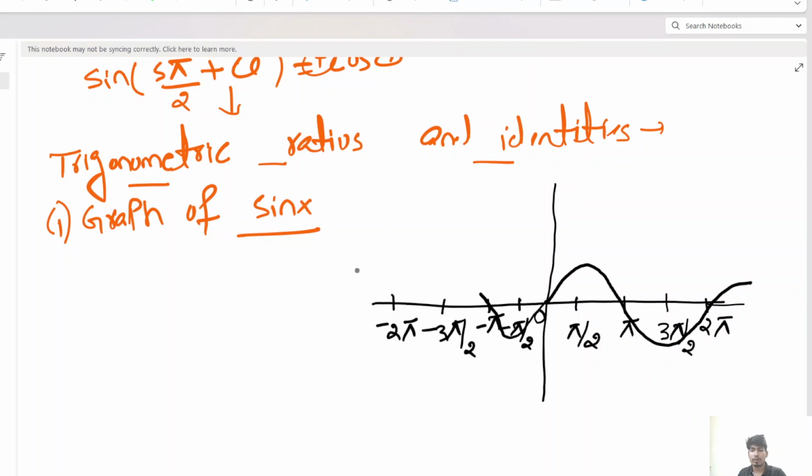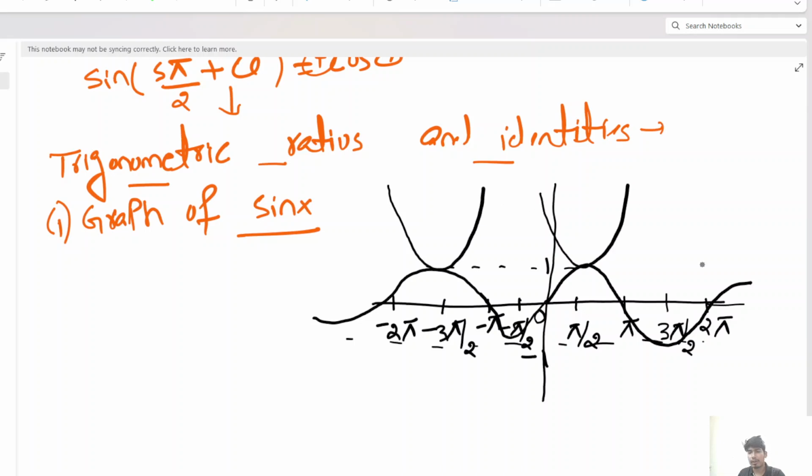So this smoothly goes to this one. This value is 1 and this value is minus 1. Then the graph of cosecant x, and these points are only this.